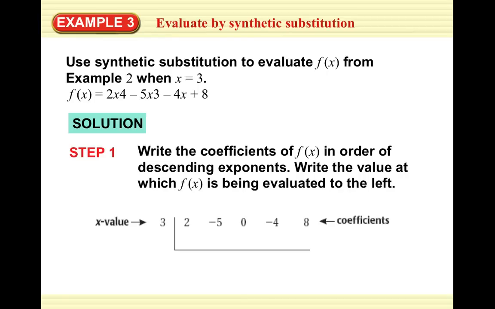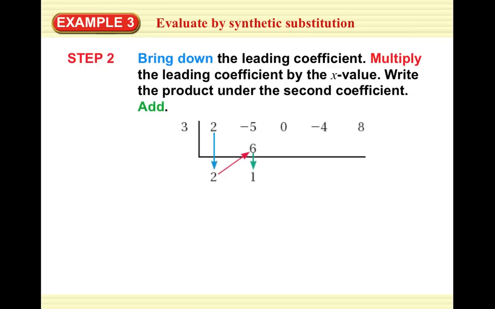We skipped over x squared, so we need to put the coefficient of 0 as a placeholder.